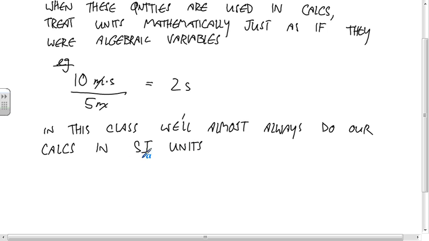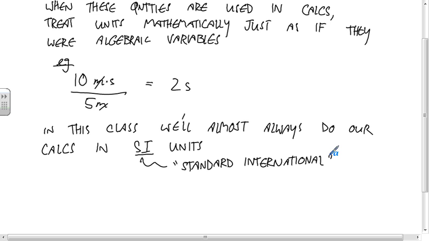The SI stands for a French thing, but you can think of it as Standard International. These are the units that people in every country except the US, I believe, use primarily, and it's used more and more in the US too.